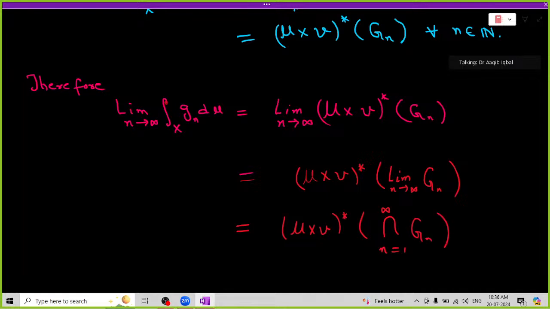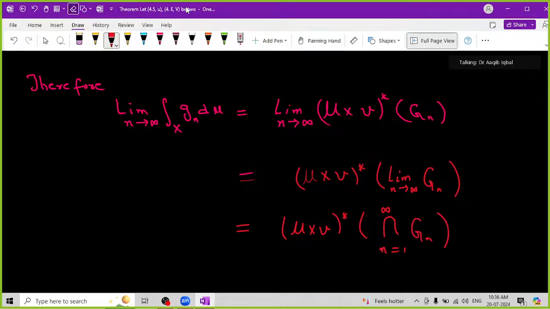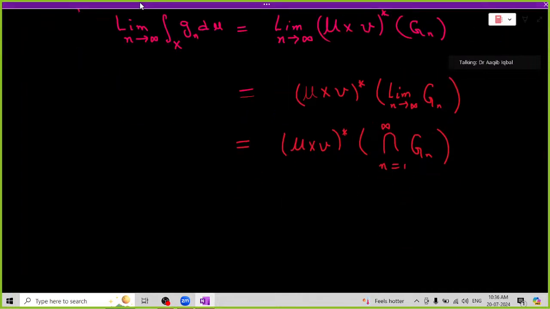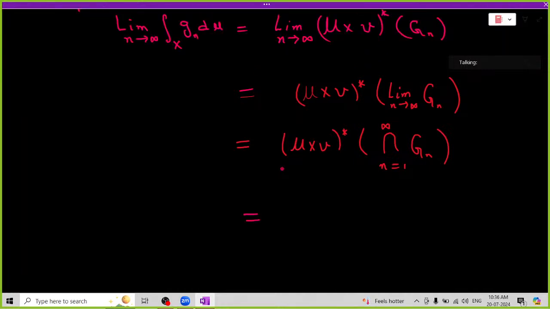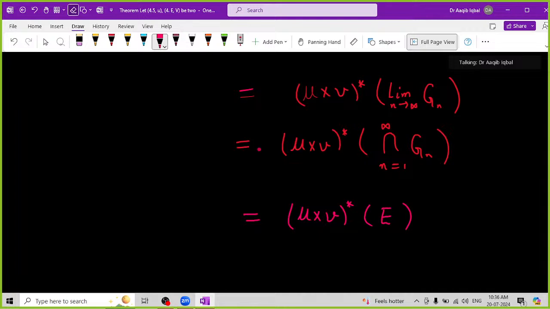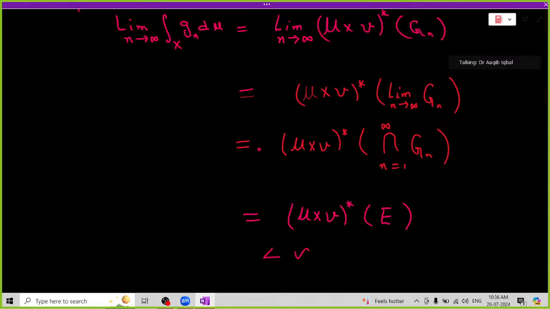This is the inner limiting theorem, and this is equal to mu cross nu star of E, because the intersection is actually E. So we have this. The limit, by our assumption, is a finite quantity.